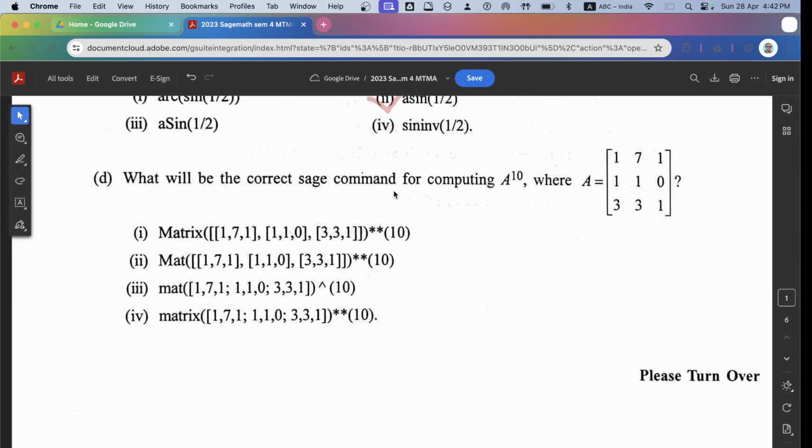What will be the correct Sage command for computing A to the power 10, where A is a 3 by 3 matrix?